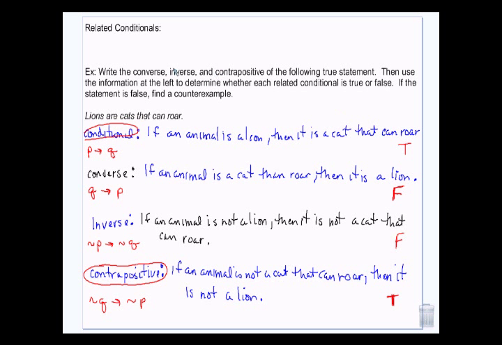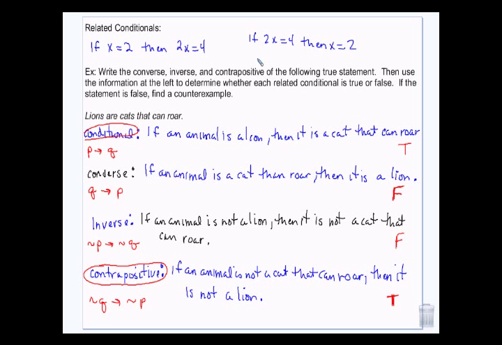As an example, if I said if x equals 2, then 2x equals 4, that's true. If I say if 2x equals 4, then x equals 2, this is the converse. These are converses of each other, but they're both true. If 2x is 4, then x does equal 2, because I divide by 2. And if x is 2, then I multiply it by 2, I do get 4.